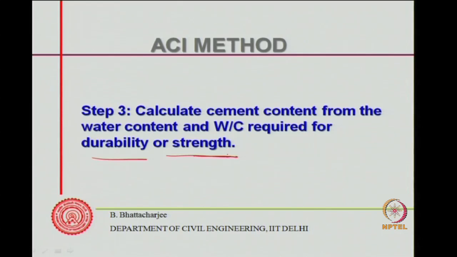So, you have maximum water cement ratio, and from the strength consideration you have found out the water cement ratio. So, whichever is lower, you choose that water cement ratio, and based on that you find out the cement content, because you know W by C, you know W, you can find out C.